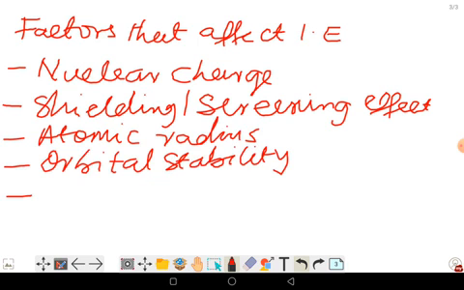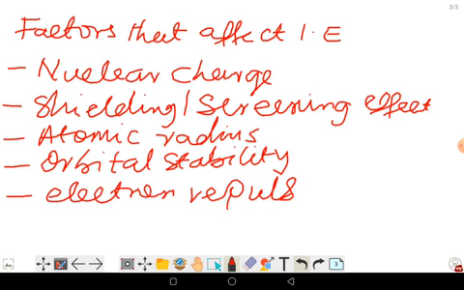And lastly is electron repulsion force. So these are the factors that actually affect the ionization energy of atoms.